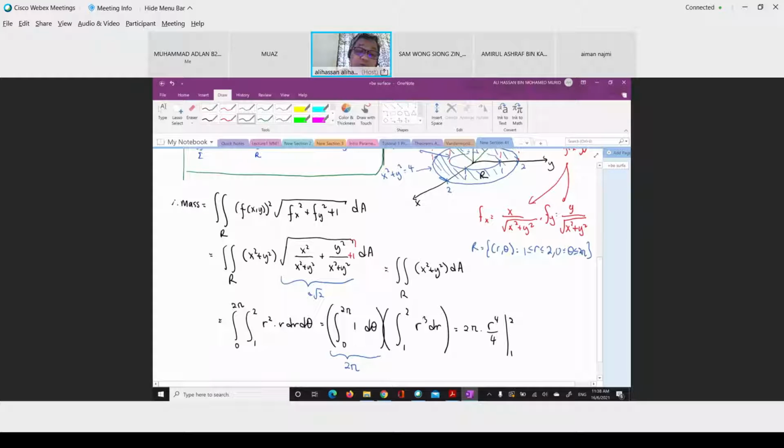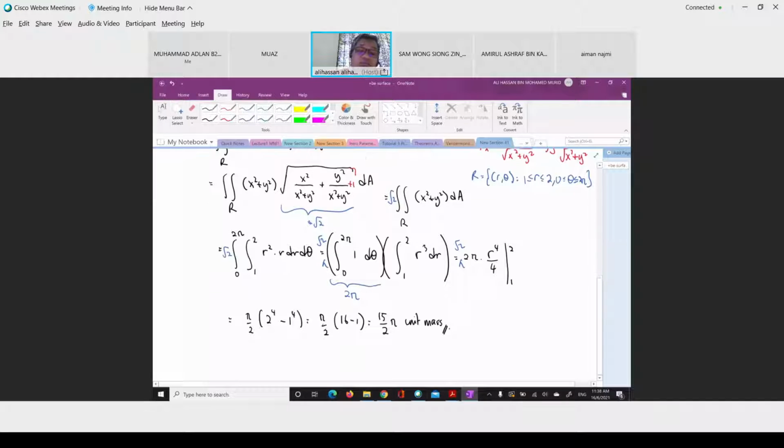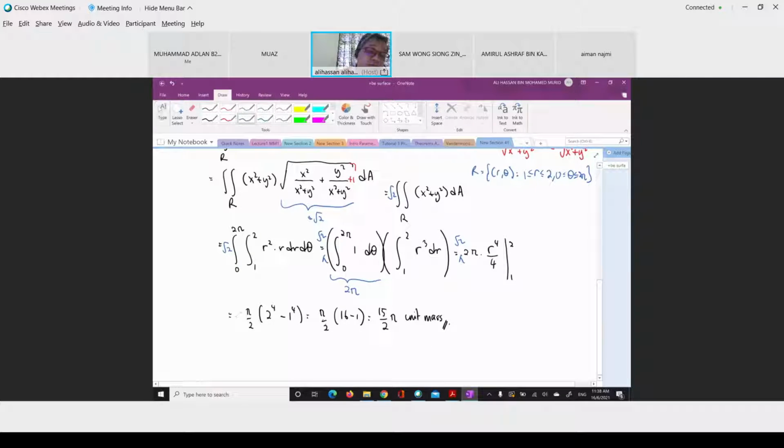So I need to have square root 2 throughout the remainder of the calculation here. So we should have square root 2 everywhere here and square root 2 there. Okay. So it is square root 2 over 2 times 15 pi. So luckily it's just a small mistake here.